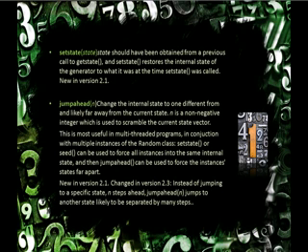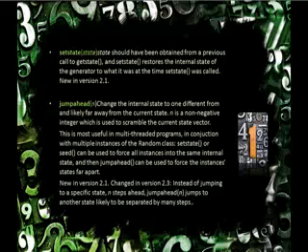jumpahead(n): Change the internal state to one different from and likely far away from the current state. n is a non-negative integer which is used to scramble the current state vector.